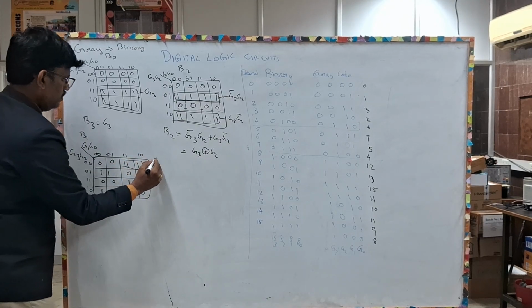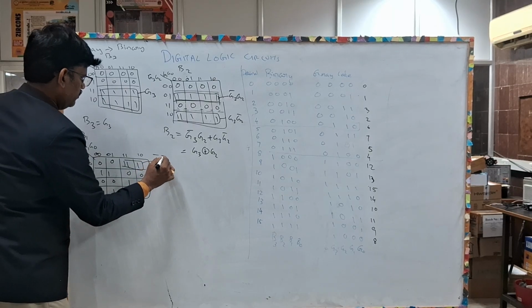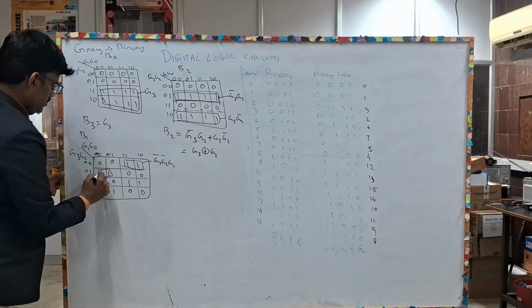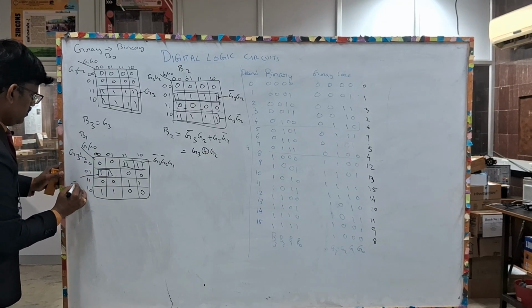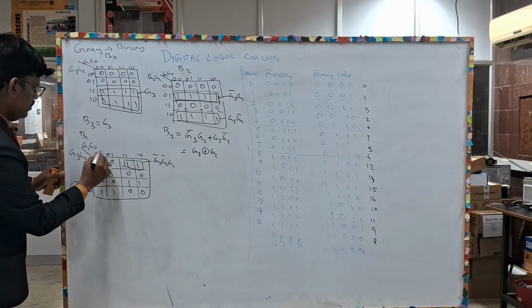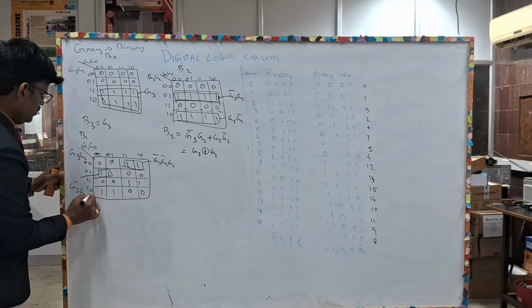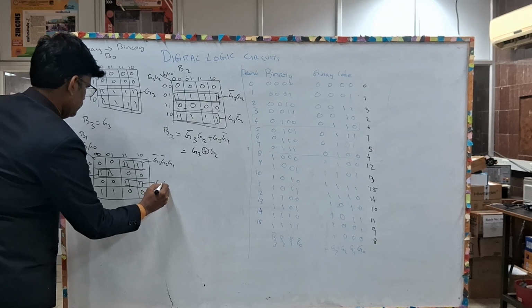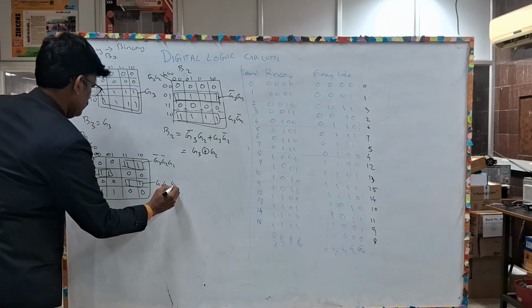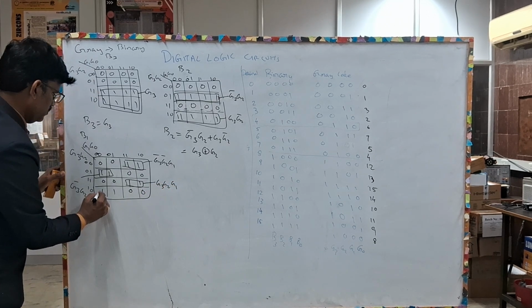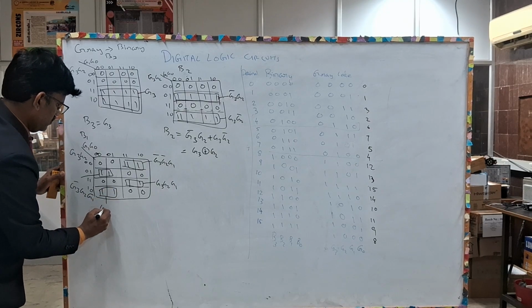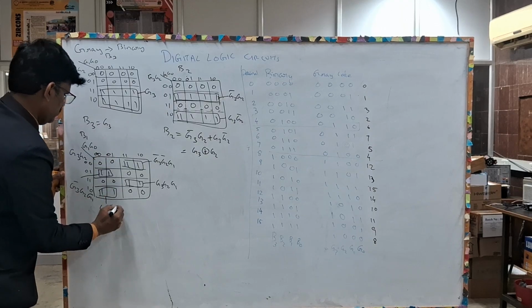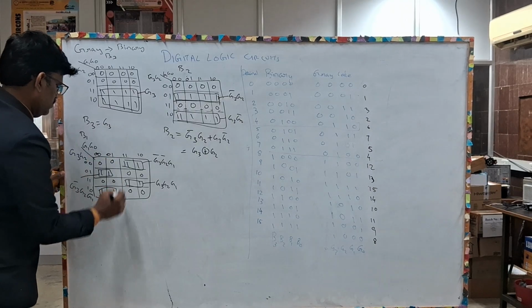This is going to be G3 bar G2 G1, this is G3 bar G2 G1 bar, this is G3 G2 G1, and this is G3 G2 bar G1 bar.